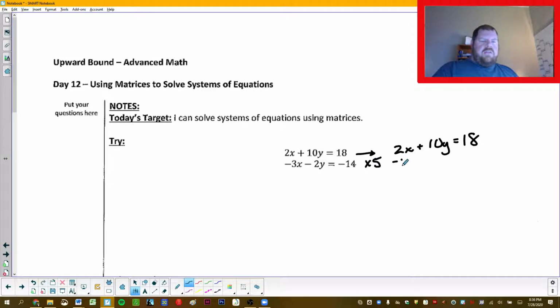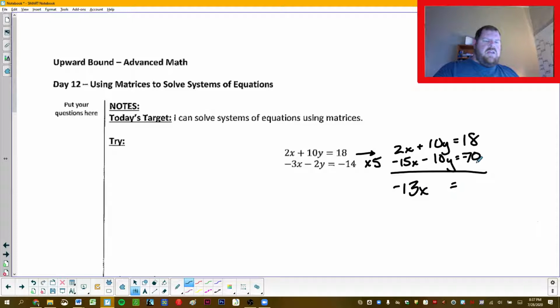Multiplying by 5, that's going to be negative 15x minus 10y equals, gosh, I made myself think, didn't I? Negative 70. Okay, and so that's going to be negative 13x.